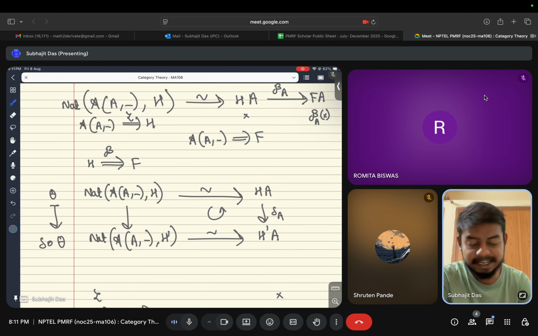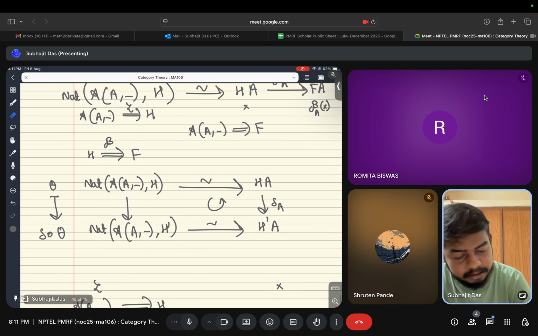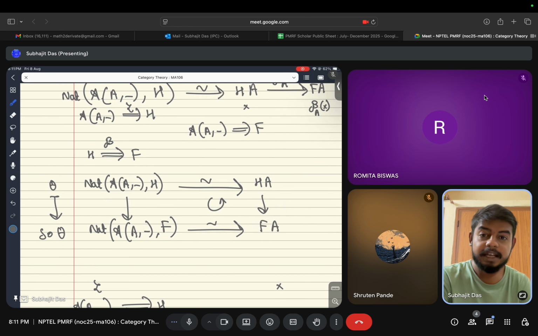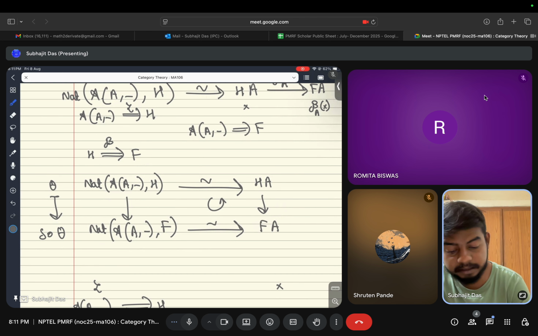The naturality says that you have a map from HA to, so H prime gets replaced by F, right? And this map, what is this map?